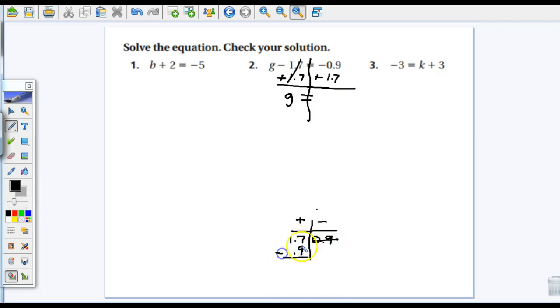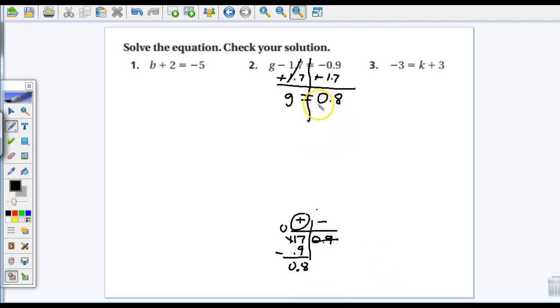I'm going to borrow 17. 17 minus 9 is 8. So 0.8, and it's on the positive side, so my answer is positive 0.8.